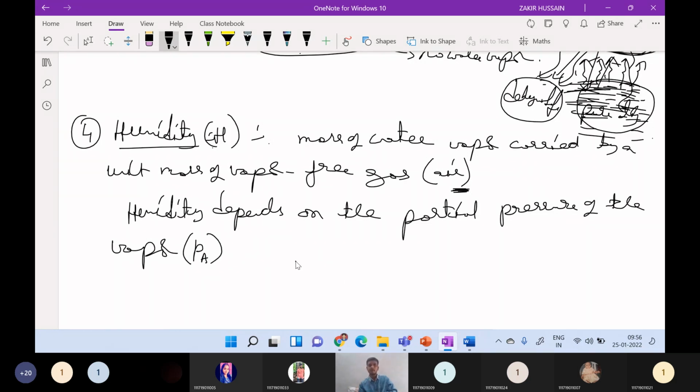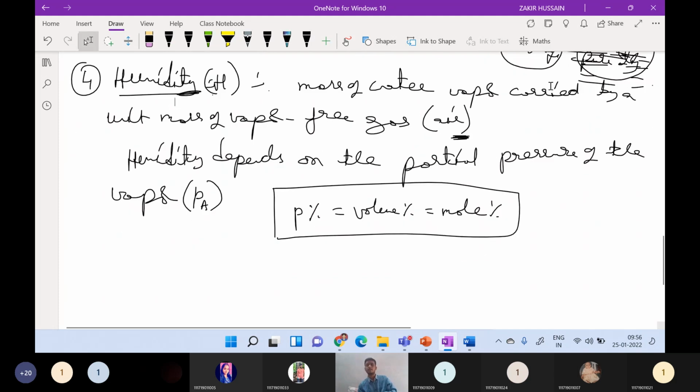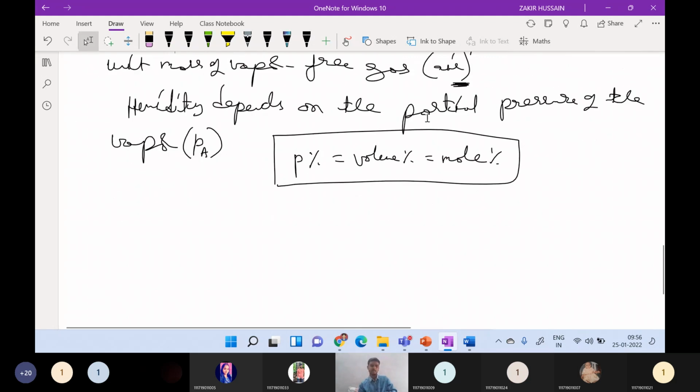We know that for gases, pressure percentage equals volume percentage equals mole percentage. Humidity is referred to only for gases, since we are measuring the water vapor present in the surrounding gas. So humidity will be calculated as molar humidity.